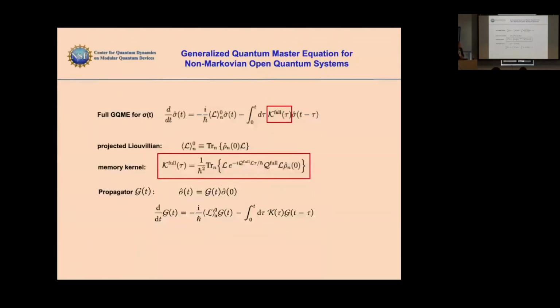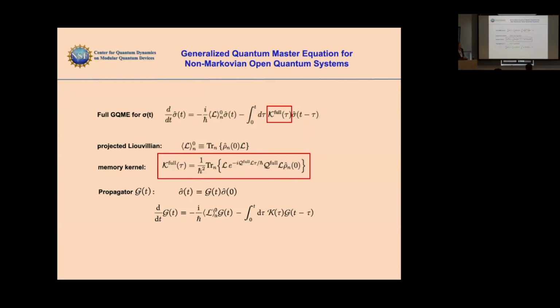Now, in terms of the simulation of the dynamics of the reduced density matrix, this is basically the full GQME, where in order to obtain the propagation of this reduced density matrix, one needs the memory kernel, in addition to the projected Liouvillian.